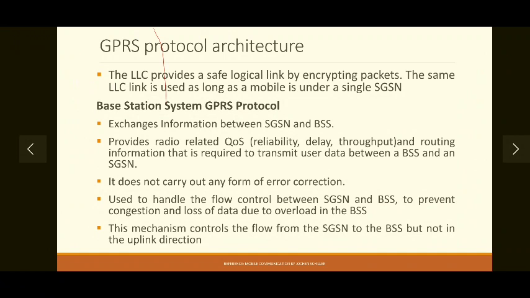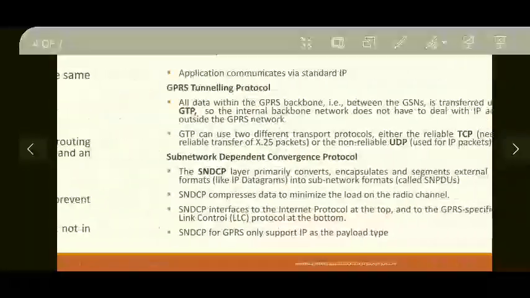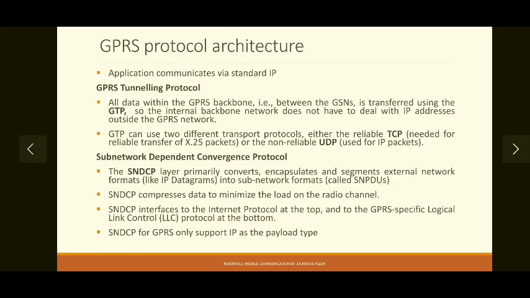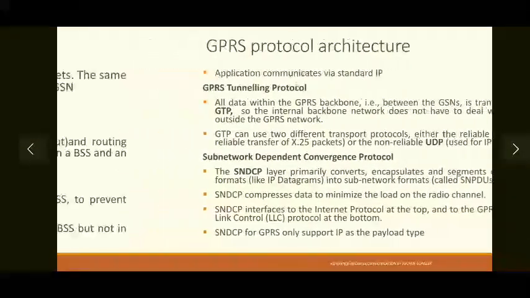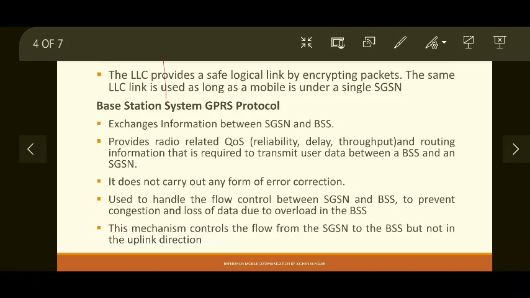LLC is another layer, the logical link control layer, which was previously also observed in GSM. It provides a safe logical link by encrypting packets. The same LLC link is used as long as we are under the same SGSN. As we know, SGSN is equivalent to the MSC from GSM.